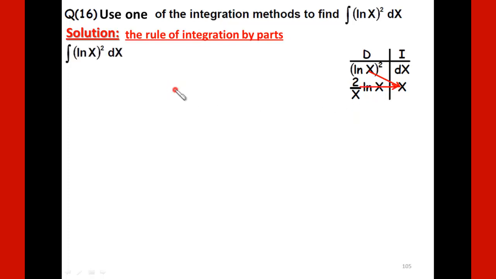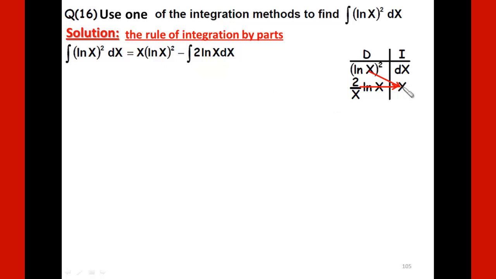So the integral of (ln x) power 2 dx equals x (ln x) square, this product, minus the product of x multiply 2 over x ln x, which is minus the integration of 2 ln x dx. Note that x multiply 2 over x ln x equals 2 ln x.